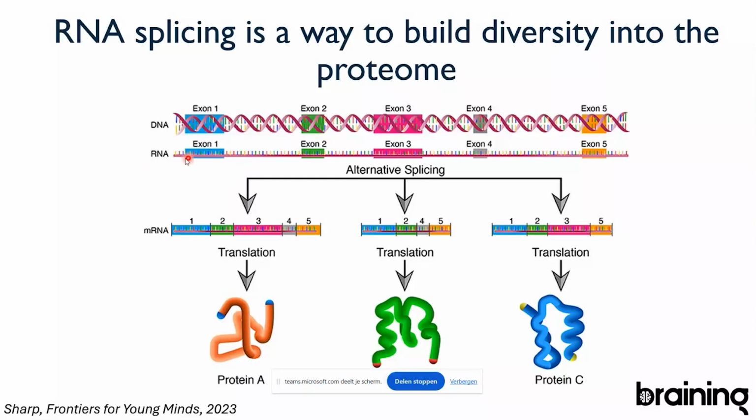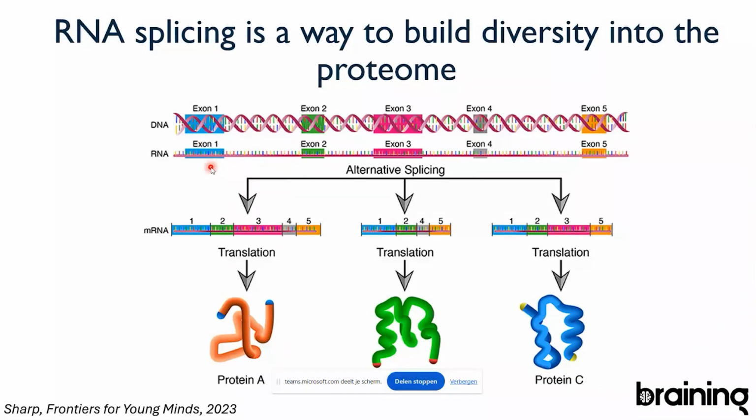This pre-mRNA has the same sequence as the DNA strand, with the coding and the non-coding sequences. However, to get from a pre-mRNA to a messenger RNA, which will ultimately be translated, something has to happen, and that process is called splicing. So splicing essentially is the removal of introns from a pre-mRNA and the joining of exons in that same mRNA.